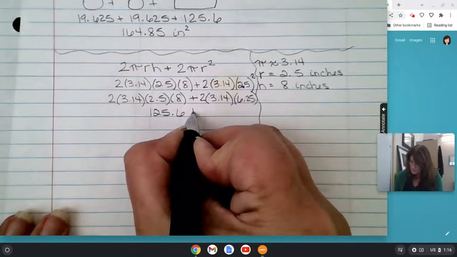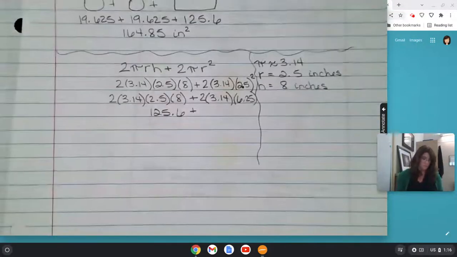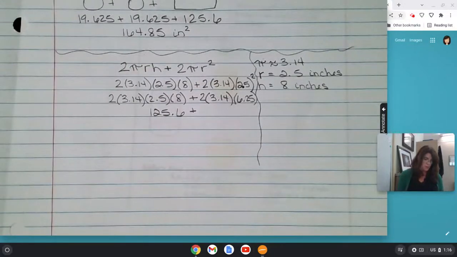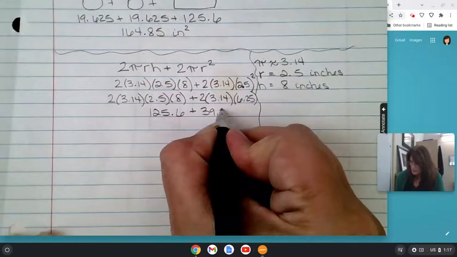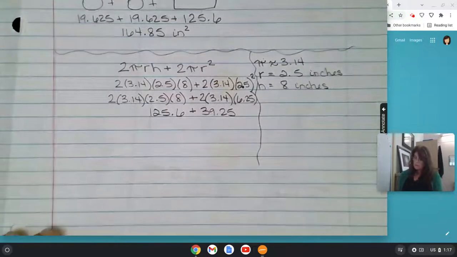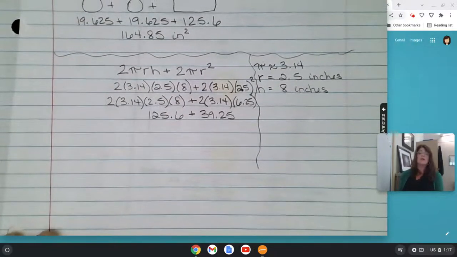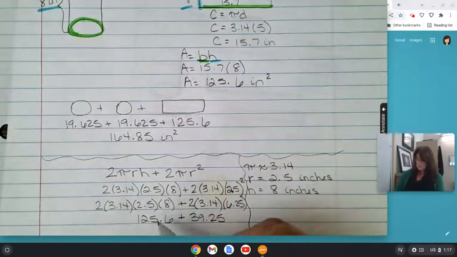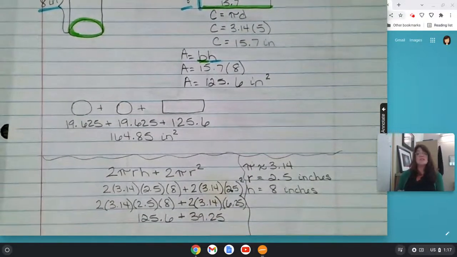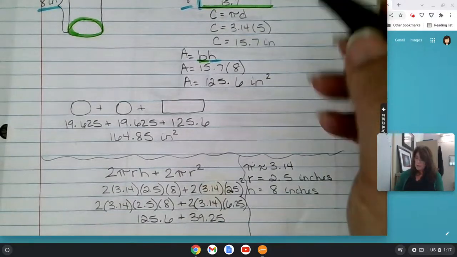125.6 plus 2 times 3.14 times 6.25. Yes, I can go faster in real life, but I want you guys doing this with me. 39.25. Notice 125.6 was up here. It's right there. It's just a different way of doing the same problem.